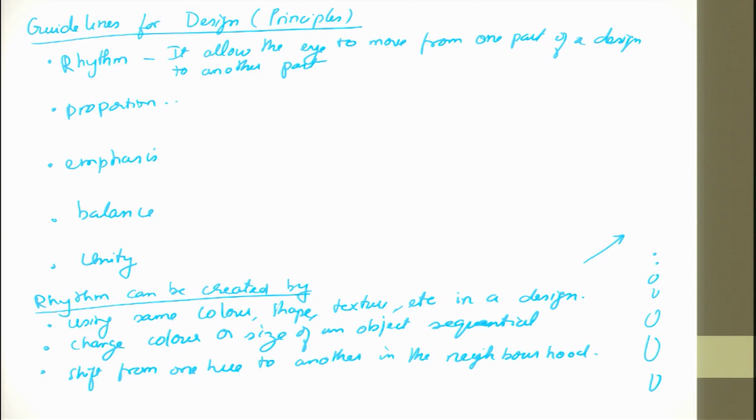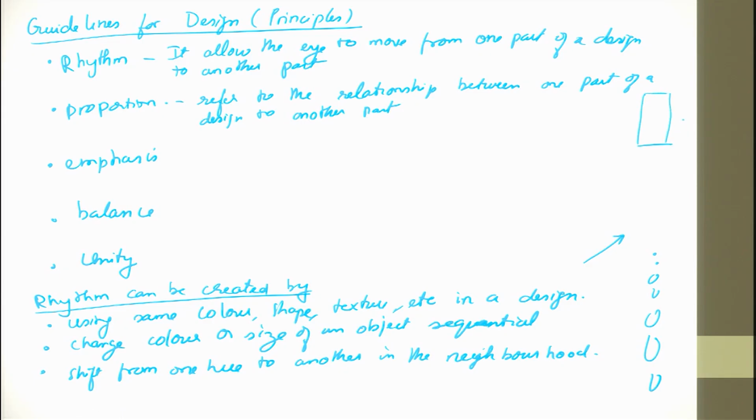When we talk about proportions, proportions refer to the relationship between one part of your design to another part. So, for example, if you have a wall hanging article, and maybe there are a lot of pockets in between, and then you have a lot of colors in between.